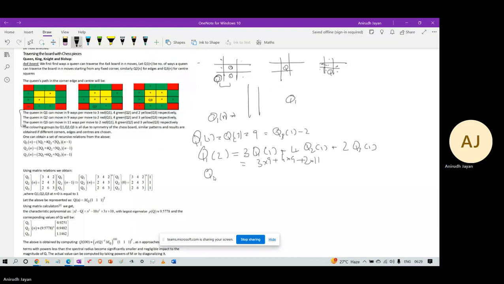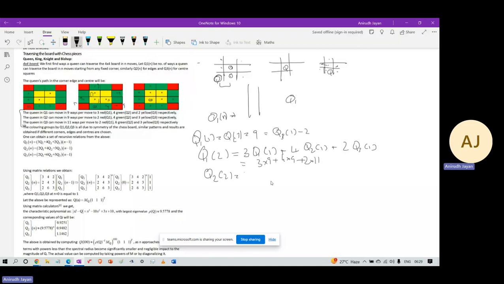Let's look at Q2 of 2, which is nothing but 9 from here, 9 from here, 9 from here, 11, 11, 11, 9, 9, 9.